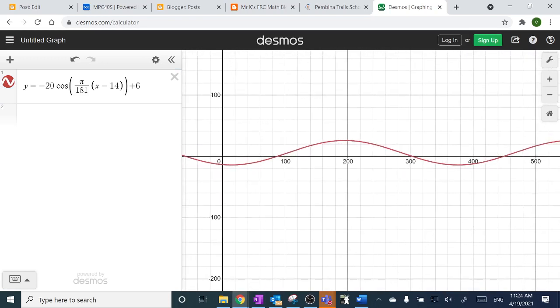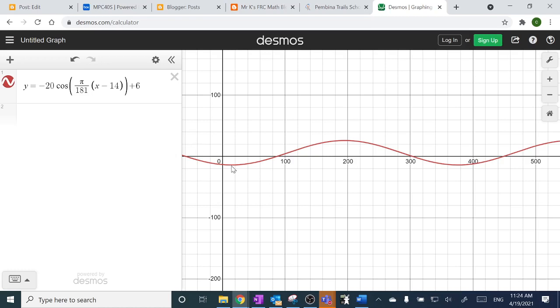300 from first day to 365th day. And if I did this right, what should I know on this graph? I should know that at x is 14, I should have negative 14.